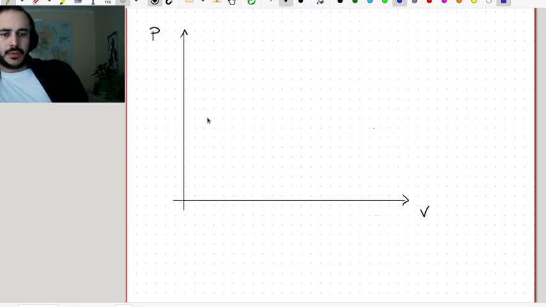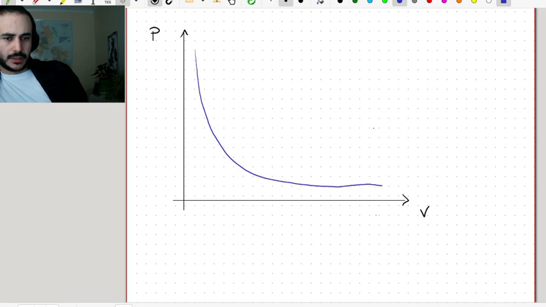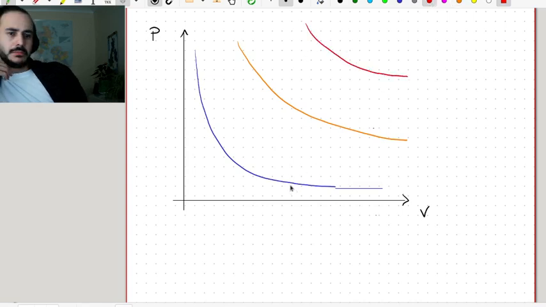So let's put just 3, and let's draw just quickly here some isotherms at 3 different temperatures. This would be a low temperature. Then we can make an intermediate temperature, up here, and then we do a high temperature isotherm somewhere there. Okay, fine.